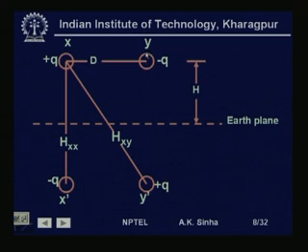Similarly, we consider the image conductor for y as y dash, placed directly below conductor y, at a distance h below the ground, and the charge on y dash will be plus q coulombs per meter.